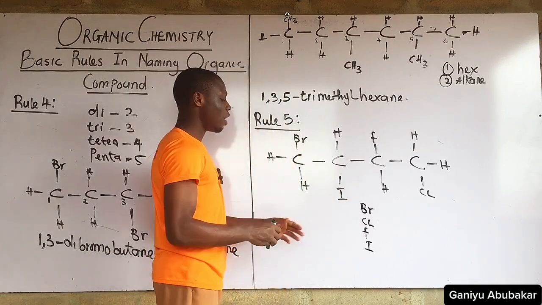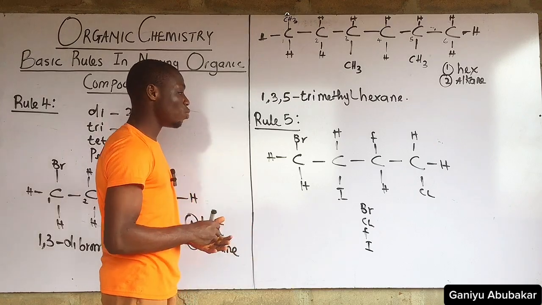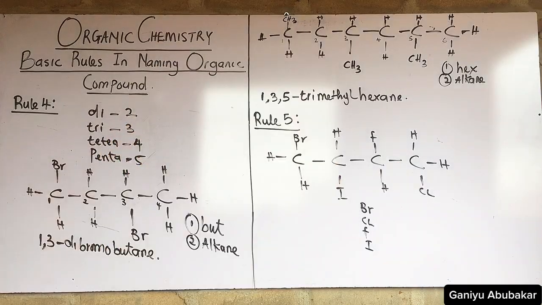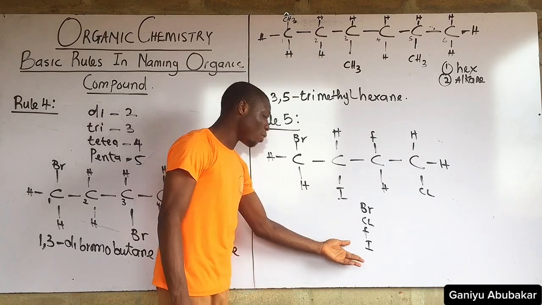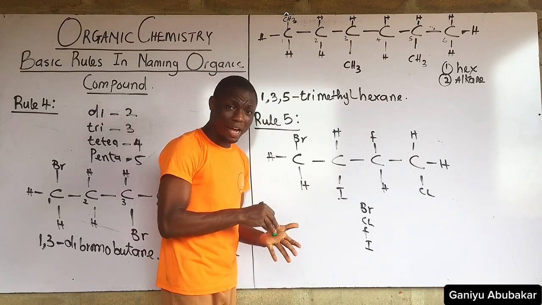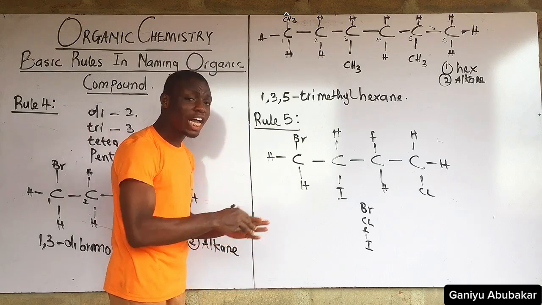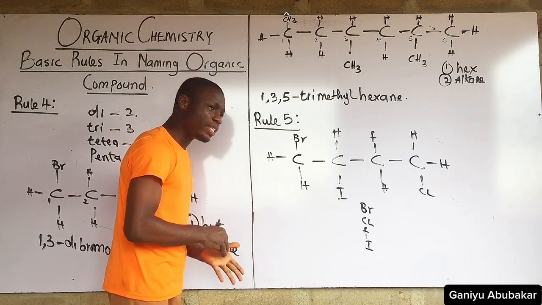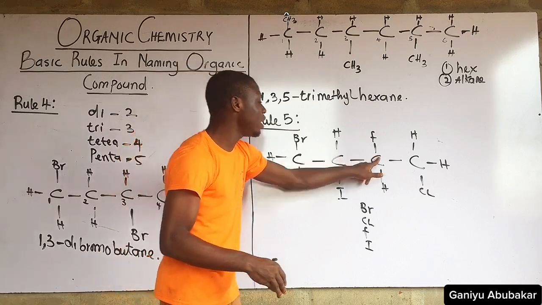So when you are done with picking them out alphabetically, what's your next task? Your next task now is to start naming. How do you name? Rule 1 says longest continuous carbon chain. This becomes 1 2 3 4.